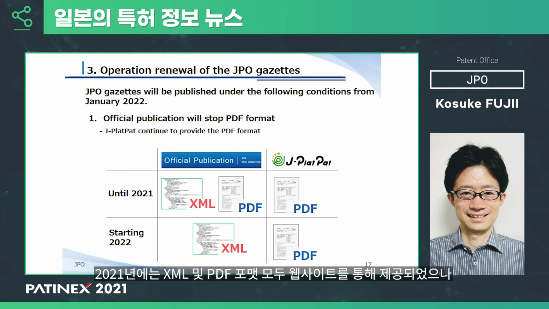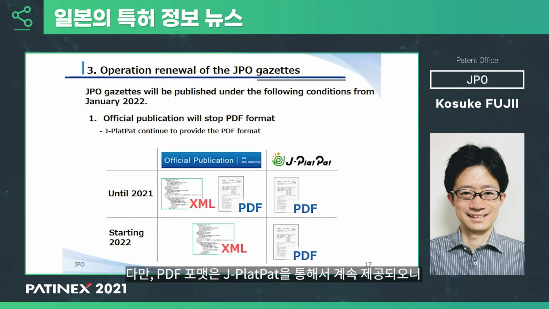In 2021, both XML and PDF format are provided via the website, but in 2022, only the XML format will be published. Note that the J-PlatPat will continue to provide the PDF format, so please use J-PlatPat if you need the PDF.